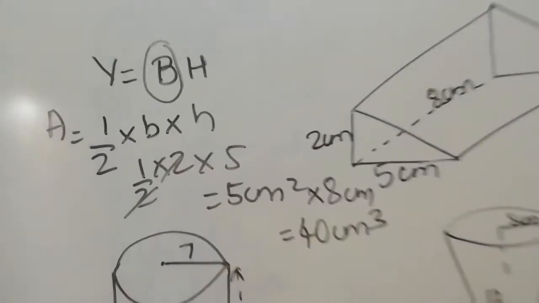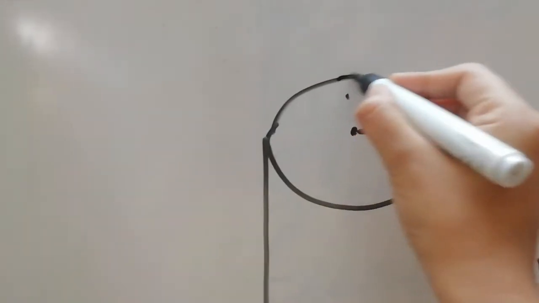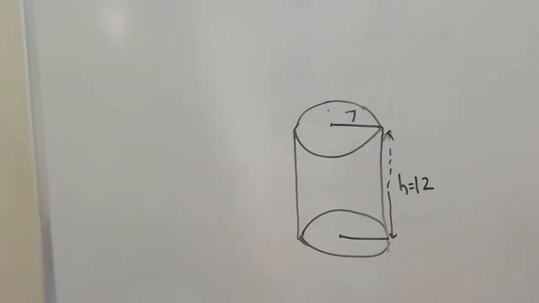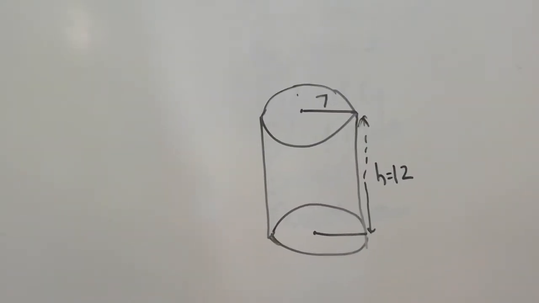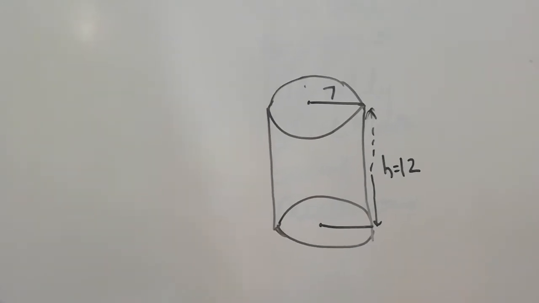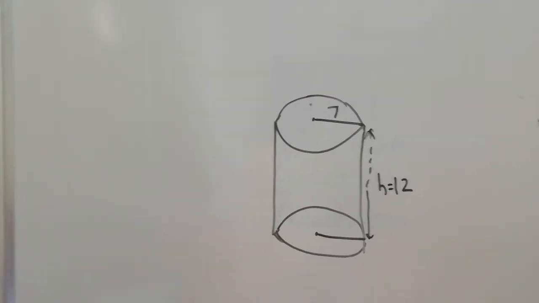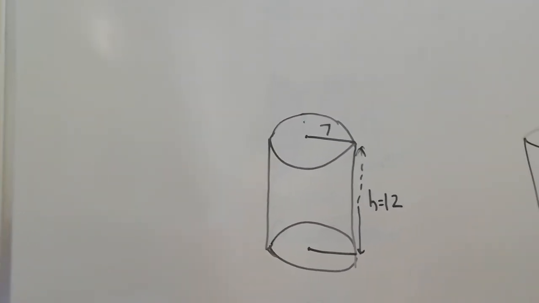It's very simple. Okay, now let us learn the volume of a cylinder. In the case of the volume of a cylinder also, the base is a circle. Again the same formula, volume is equal to BH. What is this base in the case of a cylinder? It is a circle. Circle means we will find the area of the base.